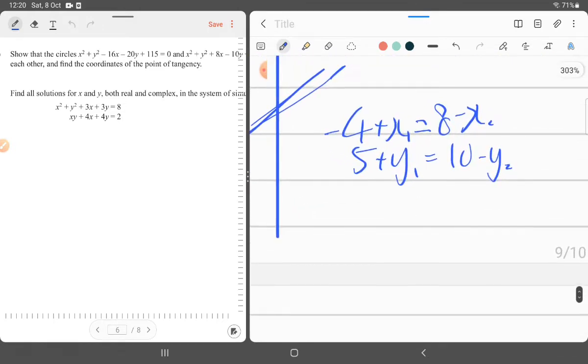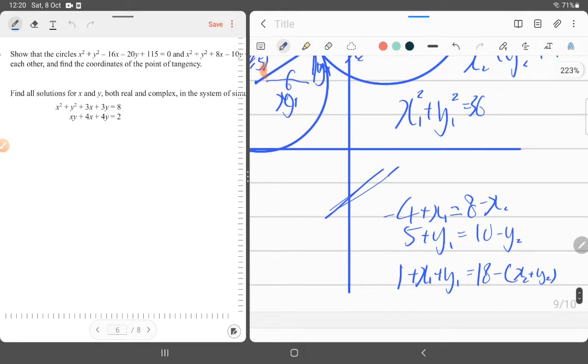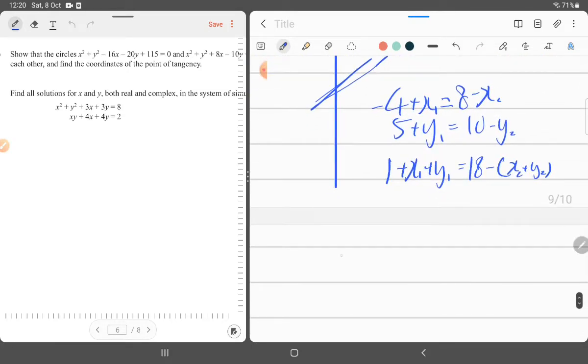What if we add the equations together? So x1 plus y1 is equal to 18 take away x2 plus y2. So x1 plus y1 plus x2 plus y2 is equal to 17.